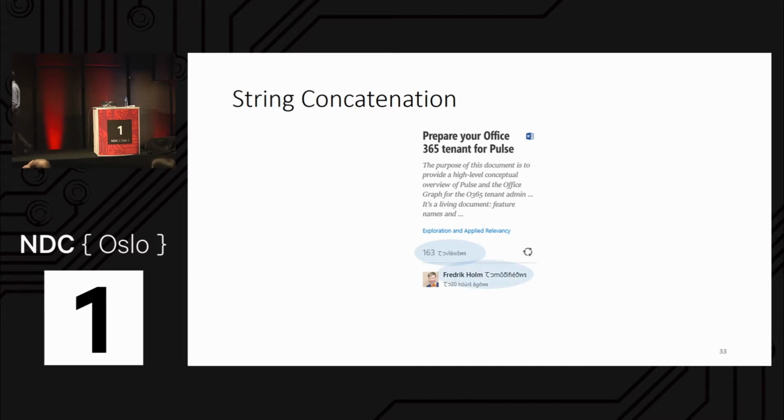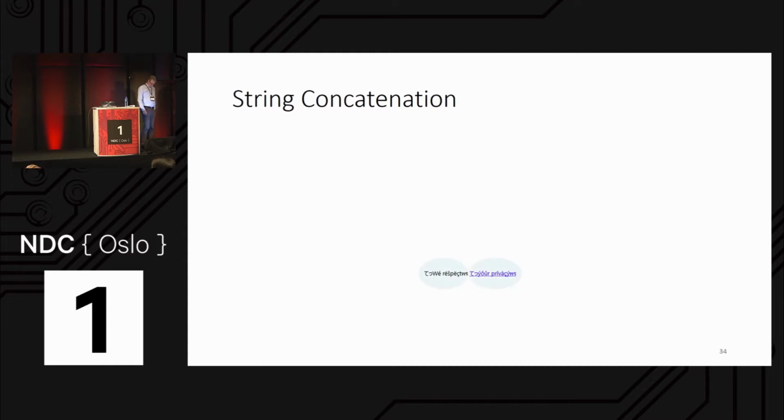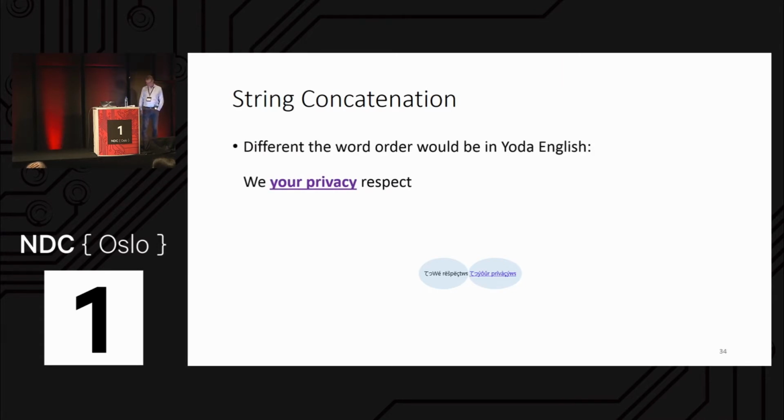And in this case below, it's because the name has boldface on it, which would also require us to write code to generate a widget with two text bits or three text bits, and we need to locate the placeholder and so on. So it's a lot more work than this. Yeah, final string concatenation. If you are Yoda, you would want to express this differently. But it's basically the same as the former examples.